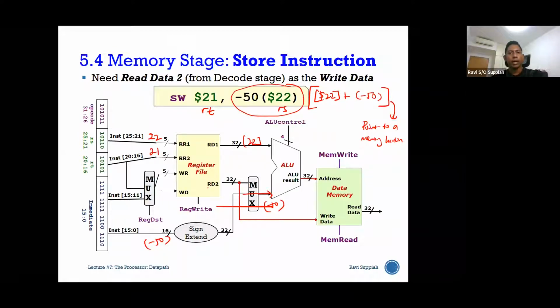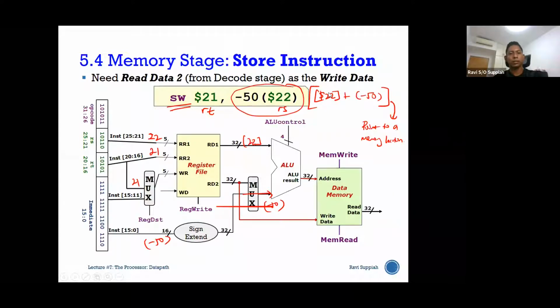And 21 will also come here. But now, in this store word instruction, do I need to do a register write?